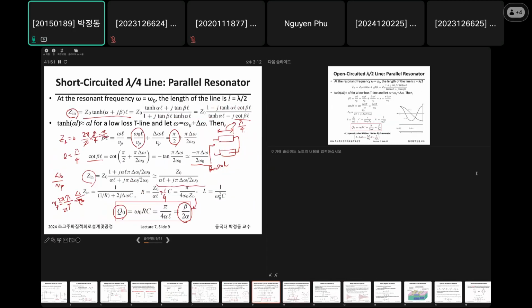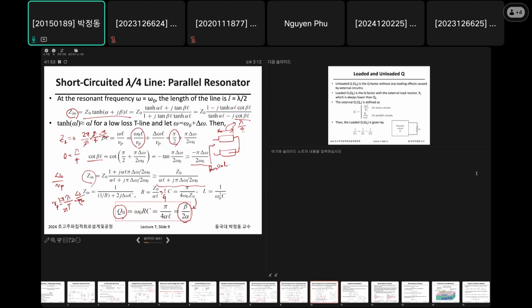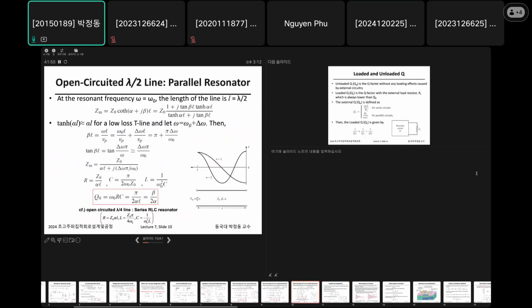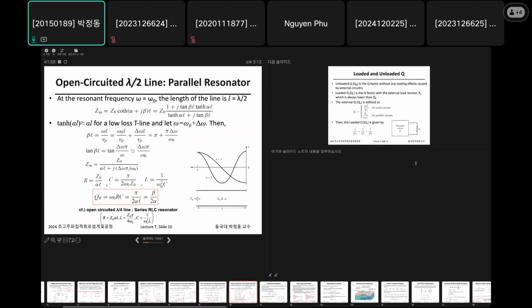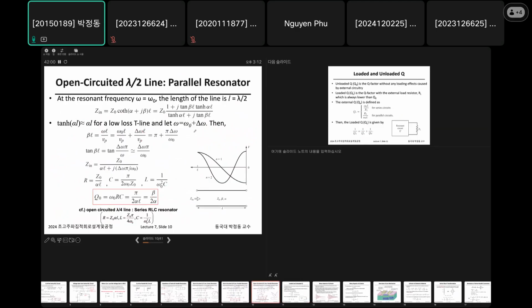This is very funny, right? Let's say you want to implement a resonance circuit at 10 gigahertz. Then lambda is what? Lambda is 3 centimeter, 0.03 meter.